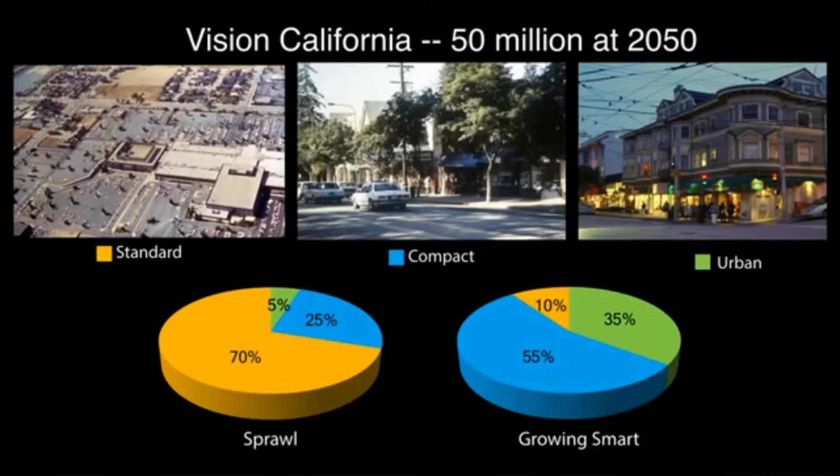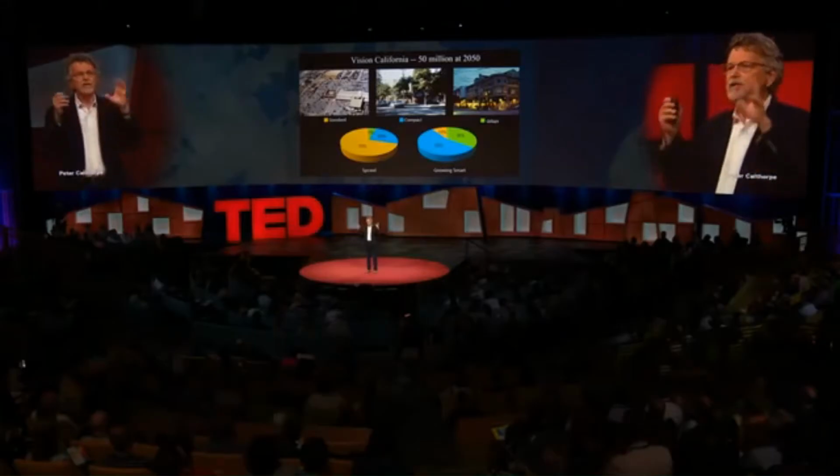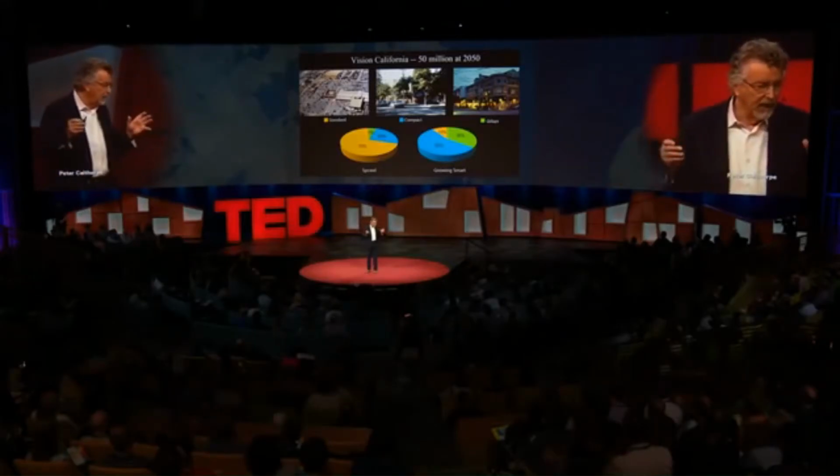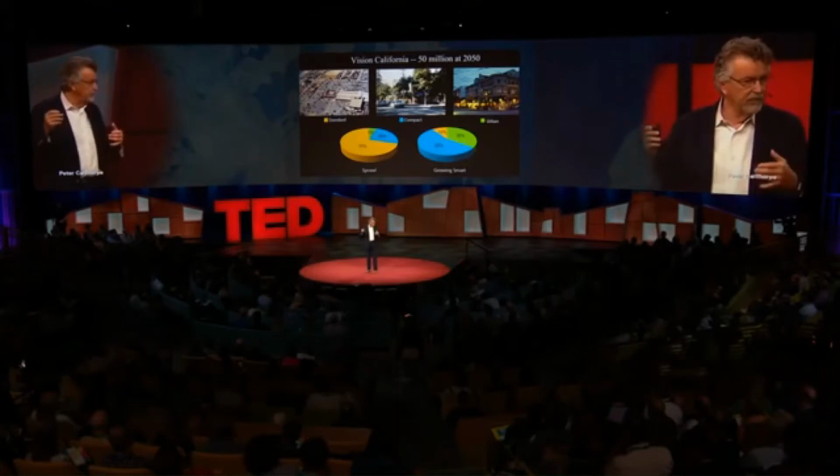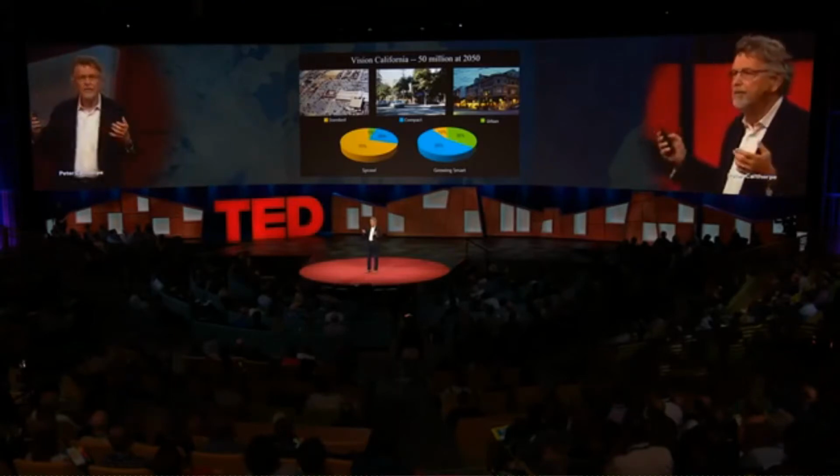So let me take you through one exercise. We developed a model for the state of California so they could get on with reducing carbon emissions. We did a whole series of scenarios for how the state could grow, and this is just one overly simplified one. We mixed different development prototypes and said they're going to carry us through the year 2050, 10 million new people in our state of California.